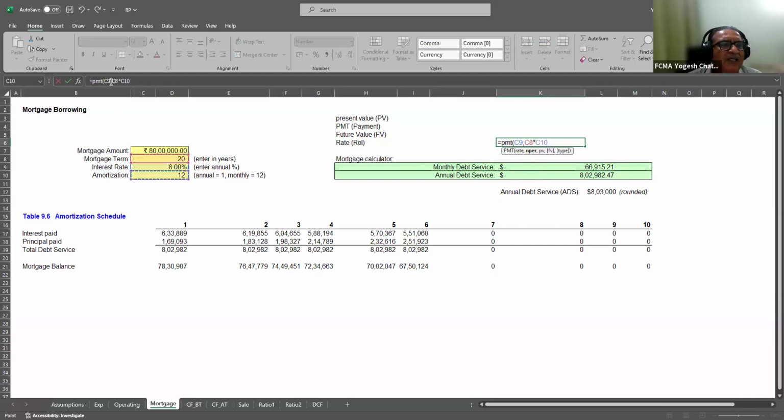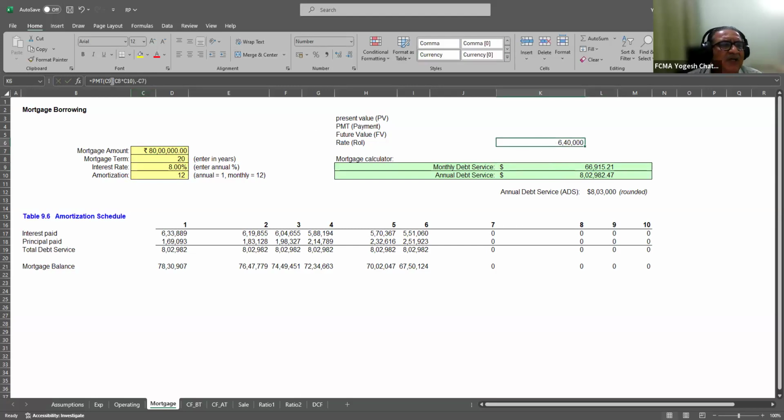I will return the loan in a period of 20 years multiplied by 12, that is, each month I will make a payment. And then I need to give the present value, that is 80 lakhs. So based on that, this will give me the EMI figure.